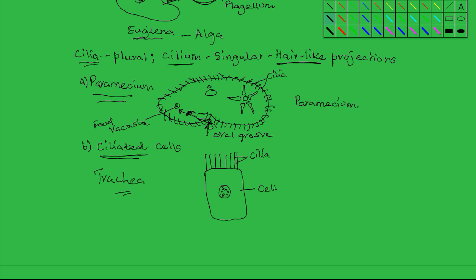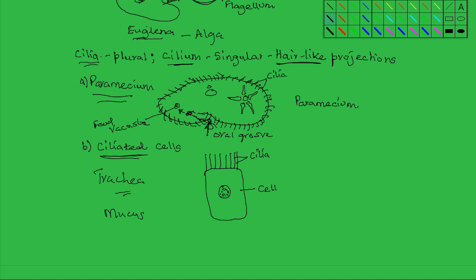Trachea is found in the respiratory system, and the inner lining of the trachea contains ciliated epithelial cells.